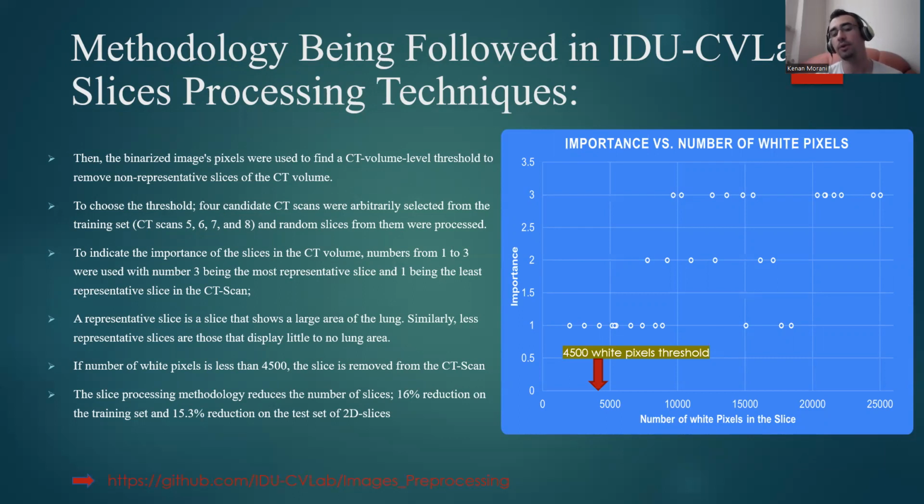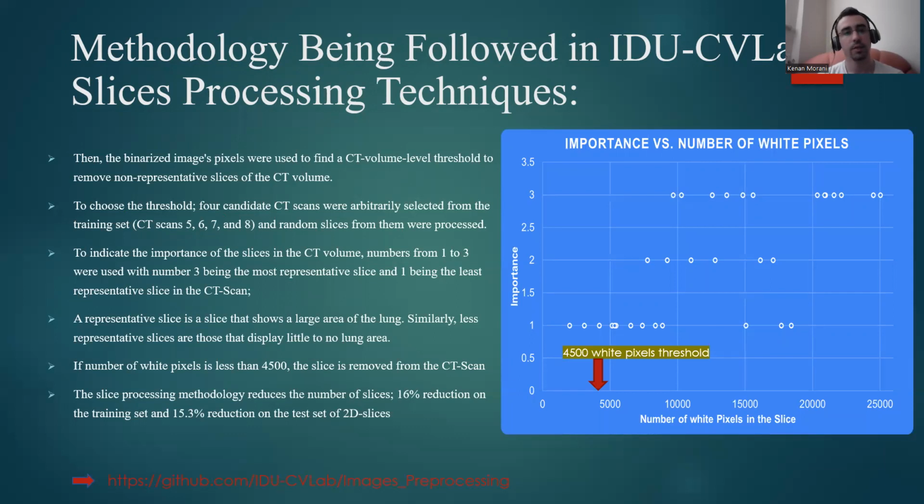You also want to be careful here not to remove all the slices in one CT scan. This is a very important issue. That's why I used a little lower threshold. I couldn't make it a little higher, because you might end up with some CT scan with no slices at all, and thus there will be no voting decision made for that patient.